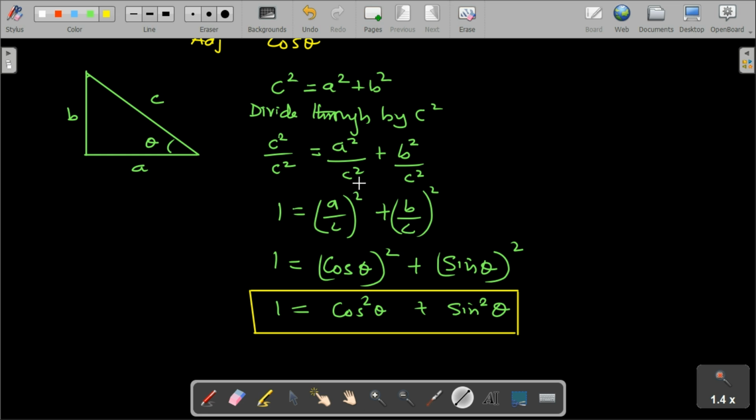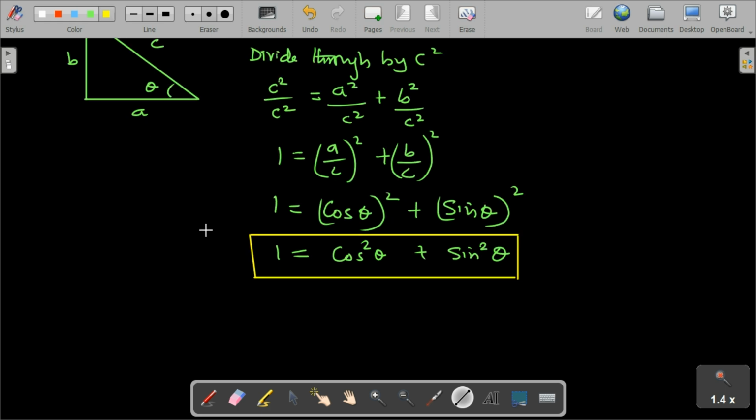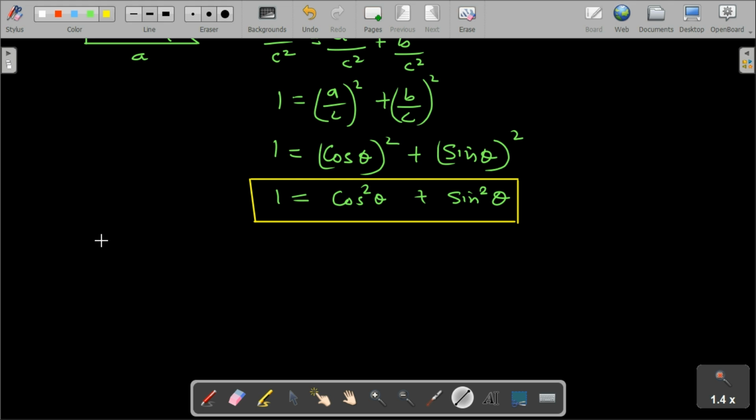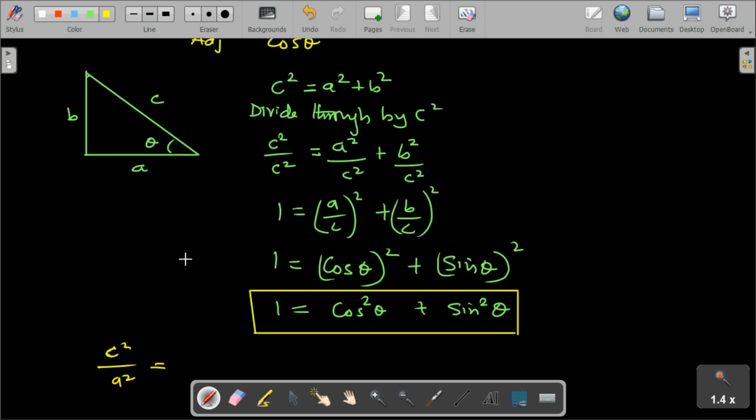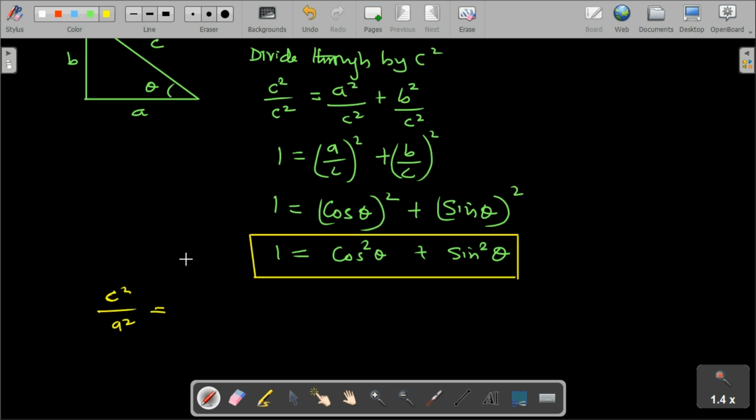If we divide through by A squared, then what do we have? We have C squared divided by A squared equals A squared divided by A squared plus B squared divided by A squared.